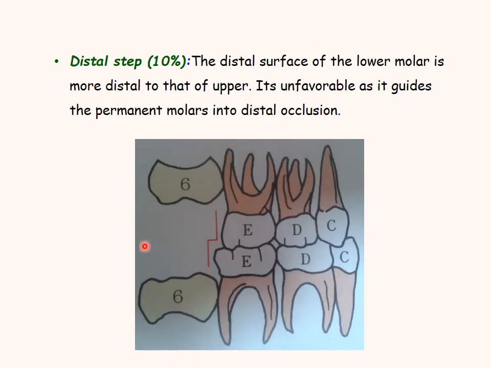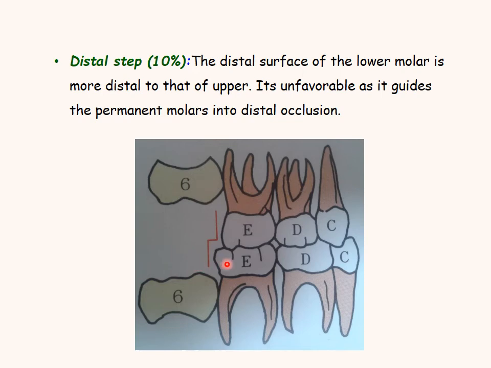The mesial step is a favorable guide to the development of the permanent molar into a class 1 relationship. Next, we have the distal step, which is seen in around 10% of the population, in which again you check the second molar of the maxillary and the mandibular primary teeth. Here the mandibular tooth is distal to the maxillary primary second molar.